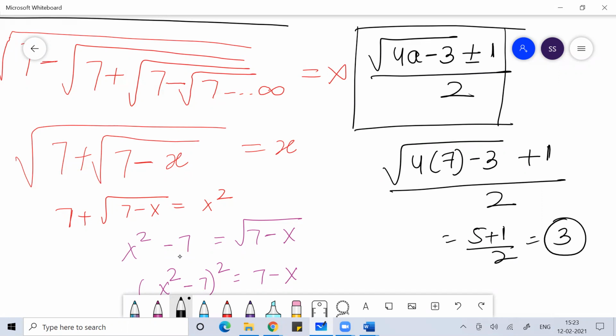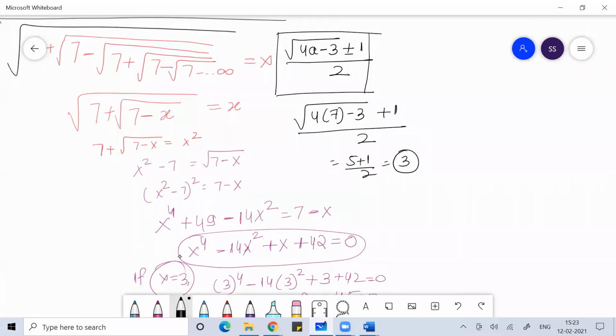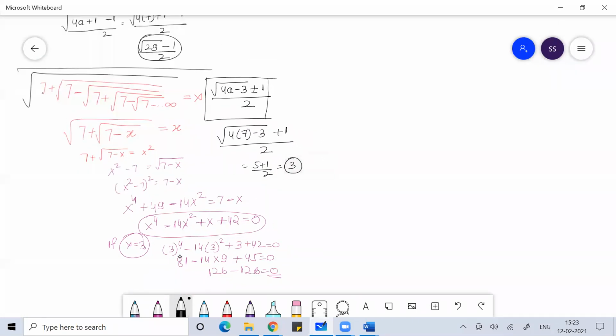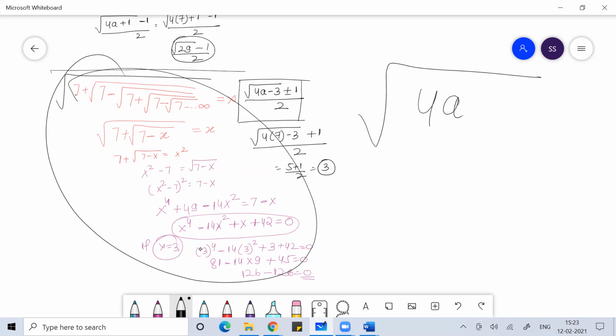If you can't remember it, then I told you the traditional way, by using a quadratic equation. Many people don't like remembering things, so they think they can do it by themselves. So here I told you the way you can get the answer if you want to do it by yourself, and if you can't, you need a shortcut. This is the shortcut formula, root of 4a minus 3 plus minus 1 by 2.